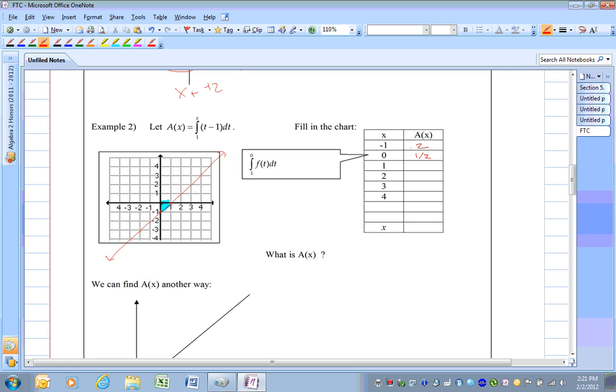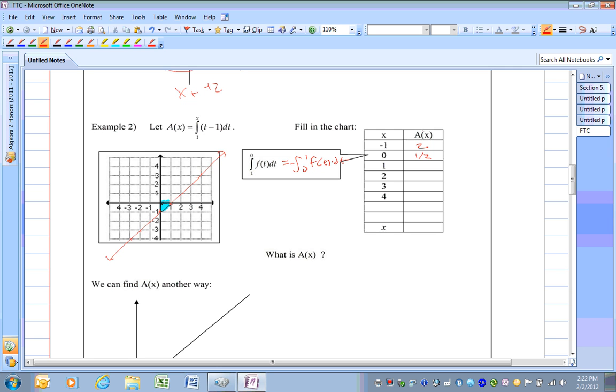And also we know that if you take a negative integral from 0 to 1 of f of t times dt, it's the same thing as the integral from 1 to 0. So you can also look at it that way as well. Because if I were to go from 0 to 1, and then take the negative of that.